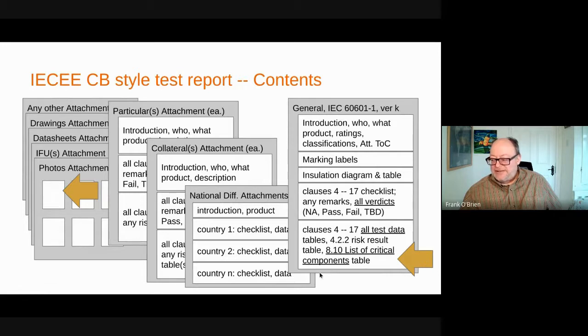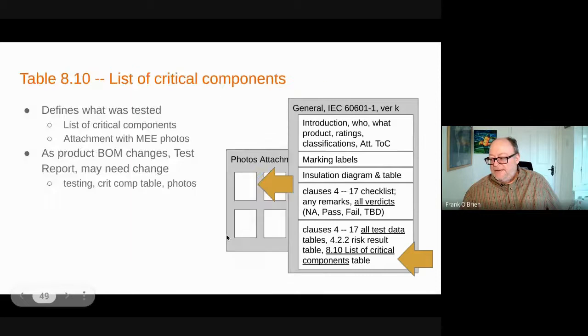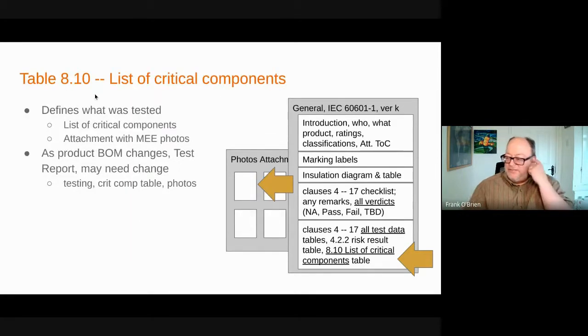8.10 is the list of critical components. Maybe sometimes with photos would verify construction. So what goes in 8.10? So we end up listing especially mains components and then electrical isolation things that could be mains related.